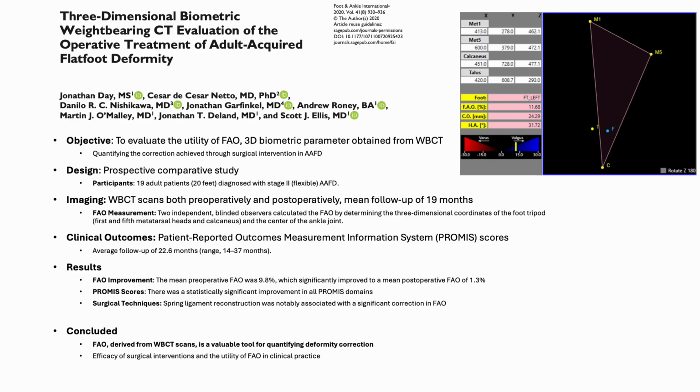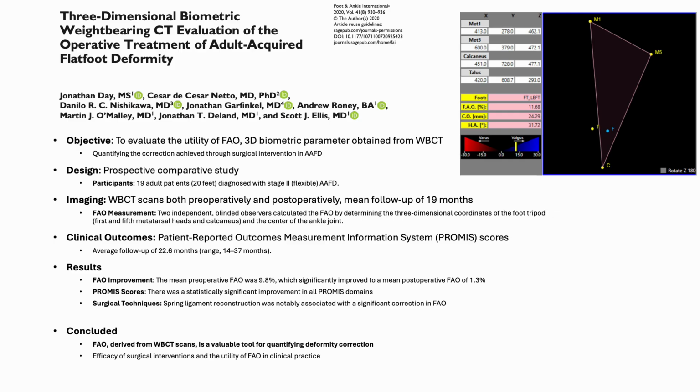And they concluded that foot and ankle offset derived from the weight-bearing CT scan is a valuable tool for quantifying deformity correction. And then obviously you can assess whether you did a good job pre and post operatively. And then alternatively, they found that if you did the spring ligament with a stage 2 flatfoot, you might get better correction using this technique and measurement tool.